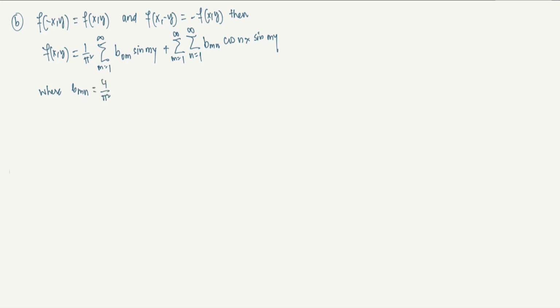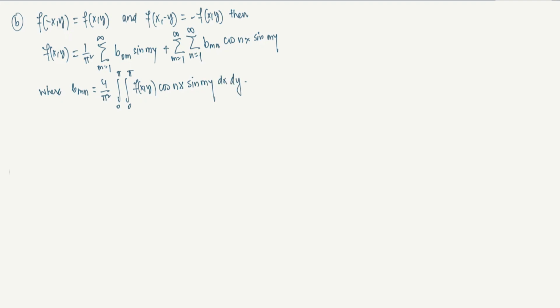Why 4 by pi square? Because with even and odd integrals there are two integrals, so 2 times 2, 4. Even integrals between minus pi and pi give 2 times 0 to pi, so that is where it comes from. We can just calculate that part: it is the integral of f of x,y cosine nx sine my dx dy.